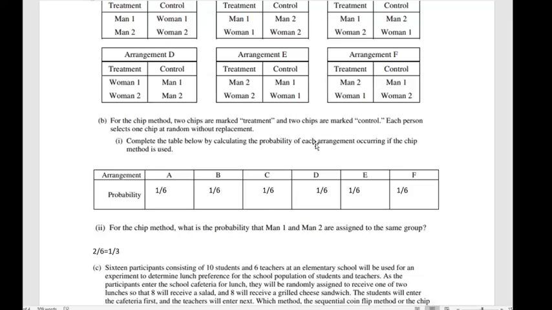For that method, because of the way that those probabilities work out, it's equally likely that all of those possible arrangements will show up. So I hope that answers that question. If there's further questions, please feel free to put them in the chat. I do appreciate seeing those questions, being able to address those things.